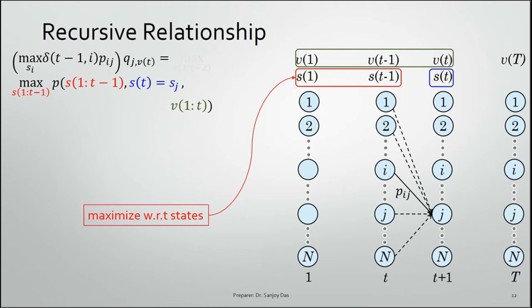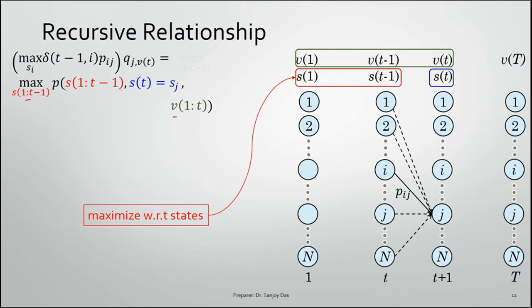Max over Si of delta t-1(i) Pij Qj(Vt) equals max over 1 through t-1 of P(S1 through St-1, and the current time being St equals Sj, and the output sequence being V1 through the present time t). That's what it's being maxed over. And this is what?